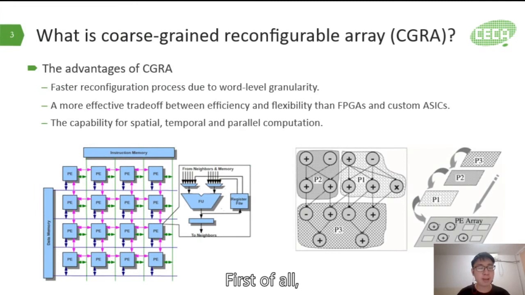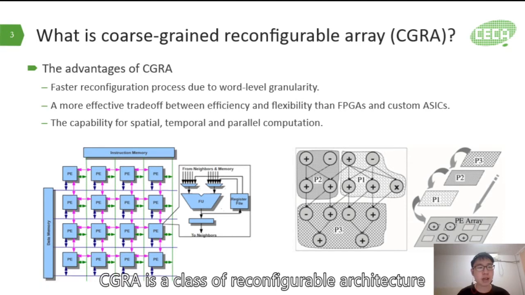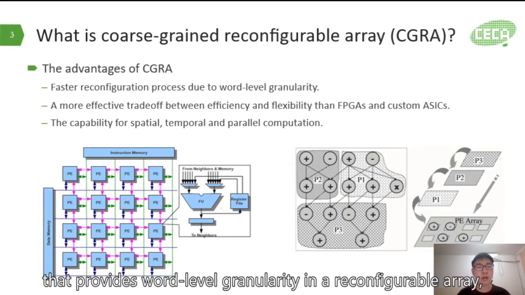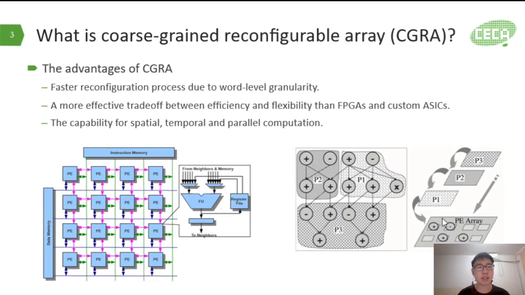First of all, let me introduce the coarse-grained reconfigurable array, CGRA. CGRA is a class of reconfigurable architecture that provides word-level granularity in a reconfigurable array, and has a faster reconfiguration process than FPGAs.